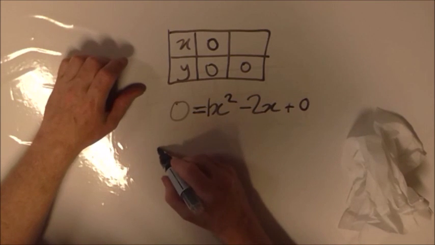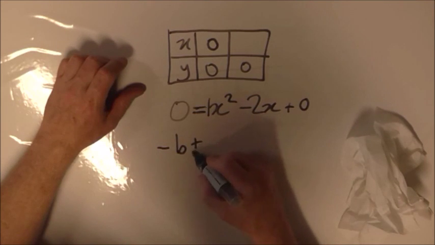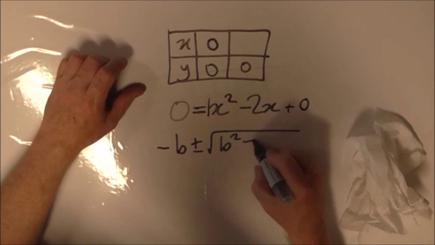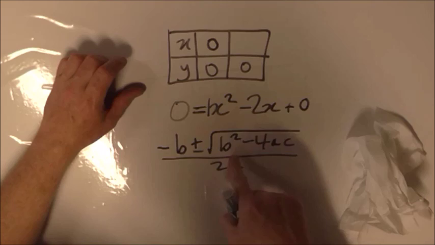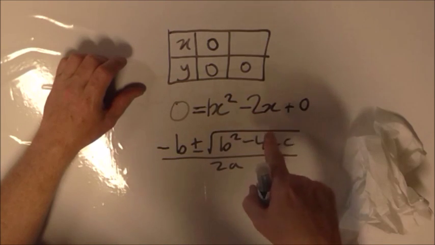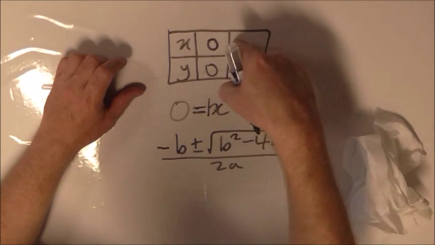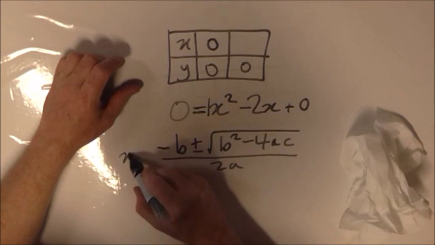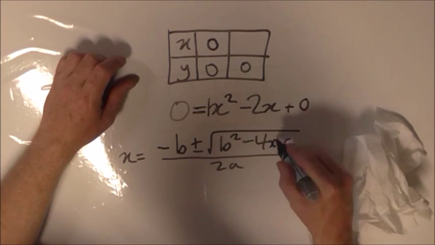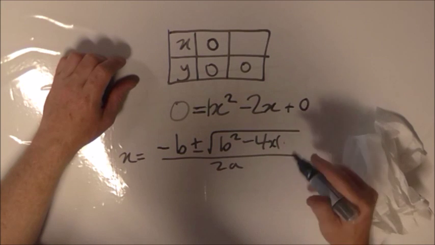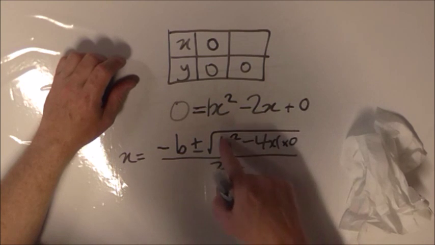So the quadratic formula is normally this: negative b plus or minus the square root of b squared minus 4ac over 2a. That formula tells you the solutions to these, and there will be solutions for x, which means they'll go in this box. But anyway, as I say, you just replace. So a is 1, c is 0, b is negative 2.